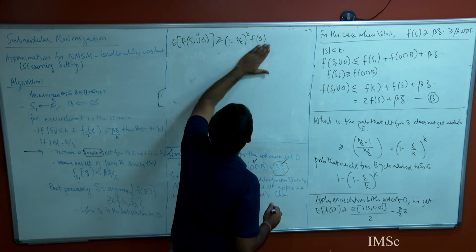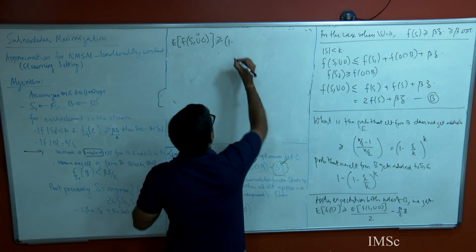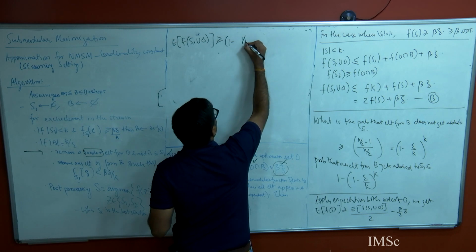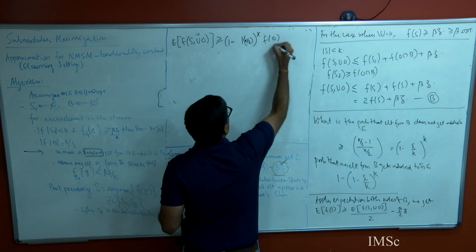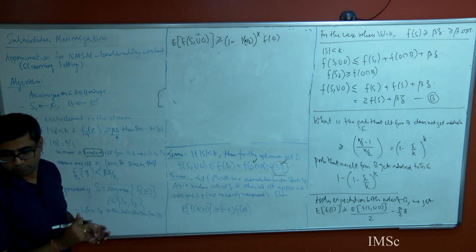Okay, let's write it down separately. 1 minus 1 over k, I can write that as 1 minus epsilon over k to the power k, times f of O. It's the same thing.